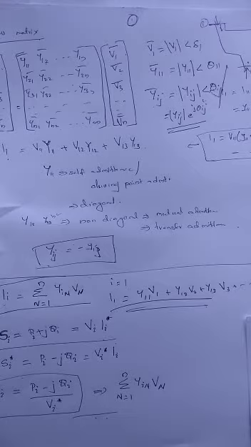The first step is to find the single line diagram. Then from the single line diagram we create the impedance diagram, and from the impedance diagram we can form an impedance matrix or an admittance matrix.